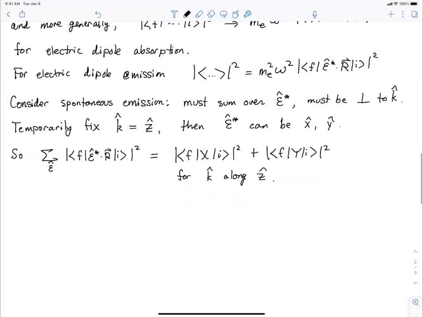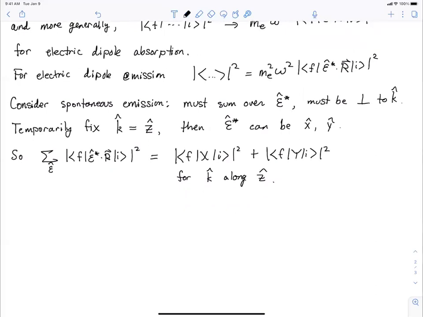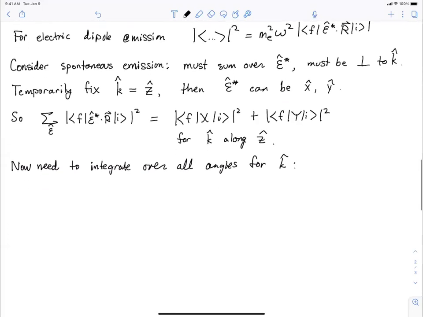But next we need to integrate over all possible directions for k hat. So now we need to integrate over all angles or all directions for k hat. And so let's write down what that must equal.